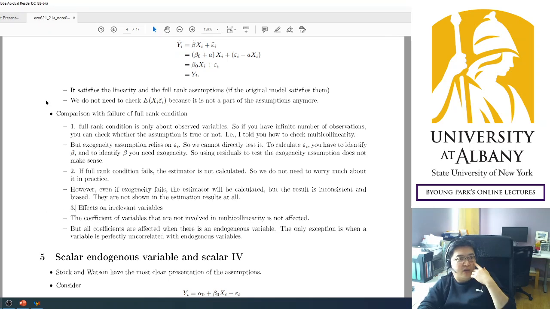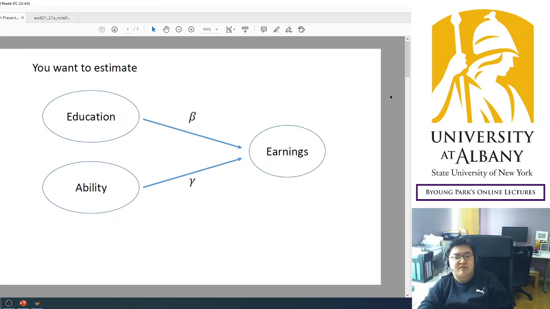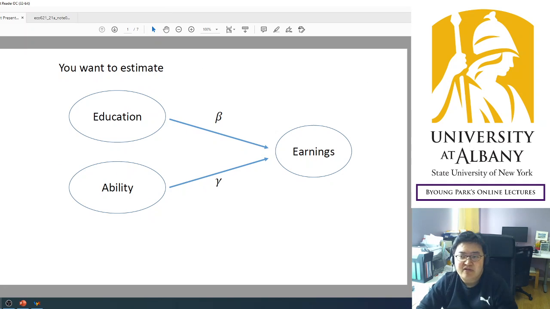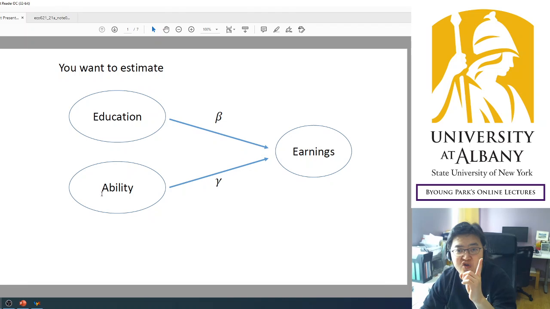Let me explain with some graph. The typical example of endogeneity is this: we would like to regress earnings, your wage, on education and ability. Suppose that your earnings is determined by education and ability, and I will assume that 1 unit of education, 1 year, increases earnings by beta, and 1 unit of ability increases earnings by gamma.